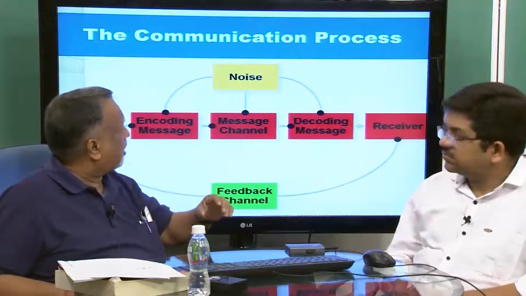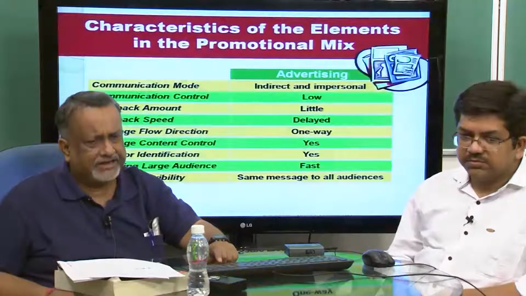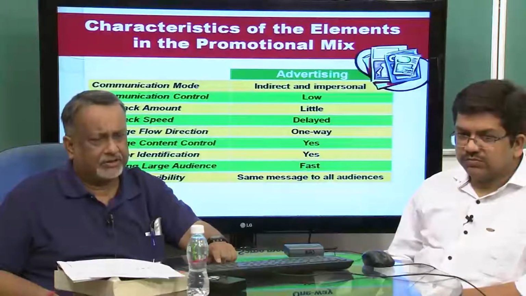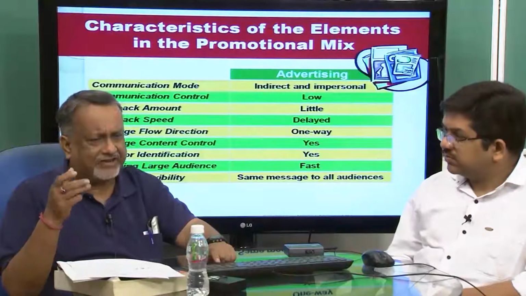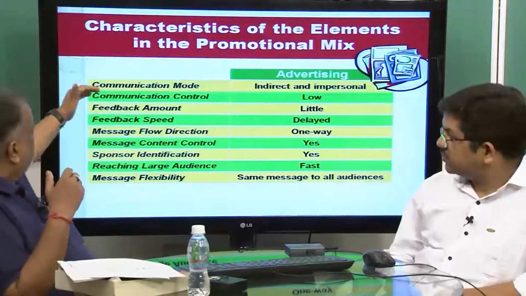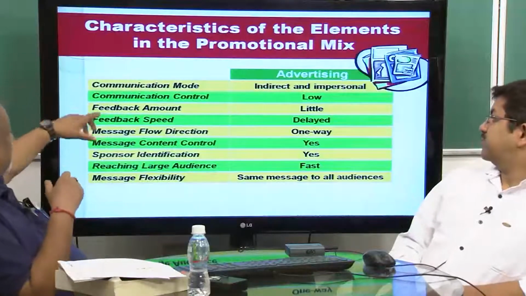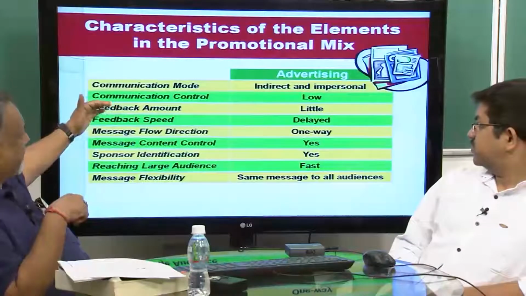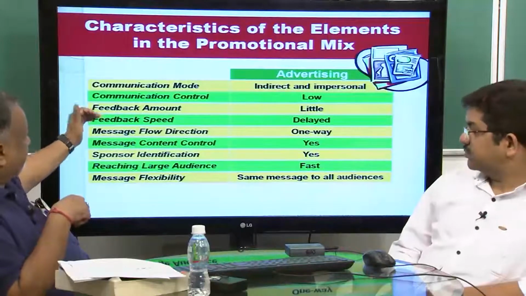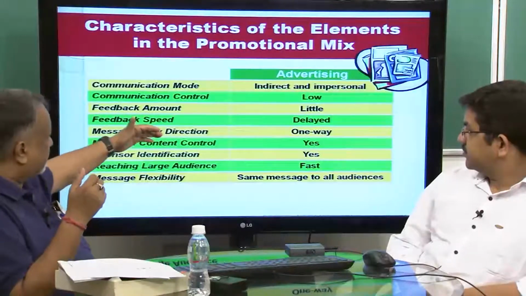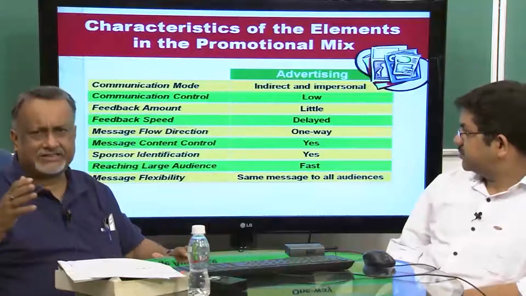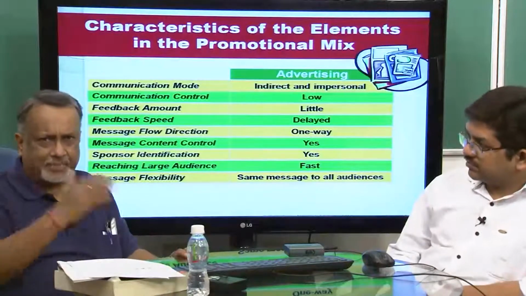This is the general model for communication that we had discussed, and I am now coming to the last 4 slides. For each of these, like advertising here, the communication mode is indirect and impersonal, communication control is low, feedback is little, feedback speed is delayed, and message flow is one way. This is more like spray and pray.